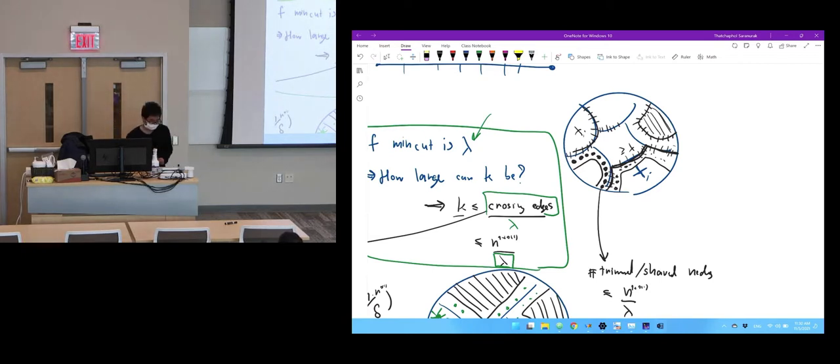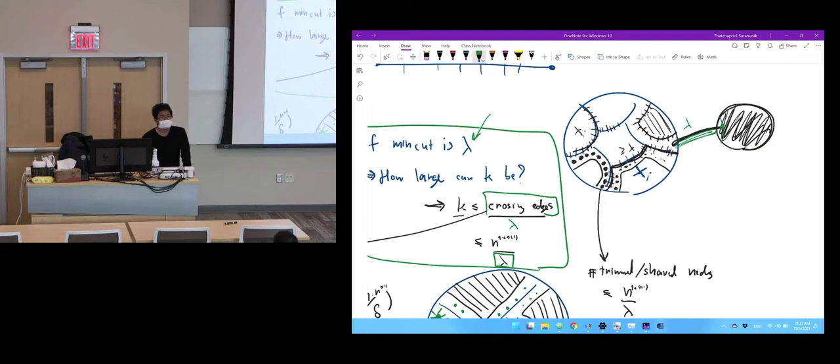That says lambda is tight. This thing can be exactly lambda, but delta might be bigger than lambda.